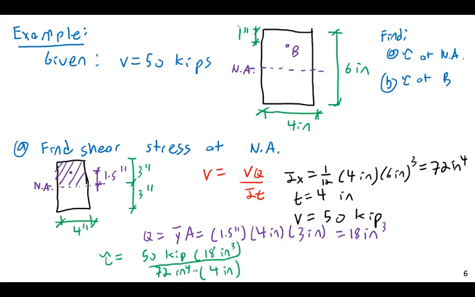If we think about this, we have inches to the fifth in the denominator, 4 plus 1, and inches to the third in the numerator, which means we'll get kips over inches squared, or KSI, which is exactly what we expect. So this comes to 3.13 KSI.